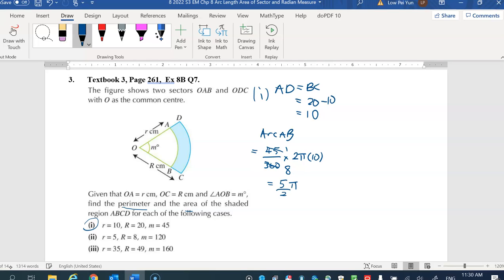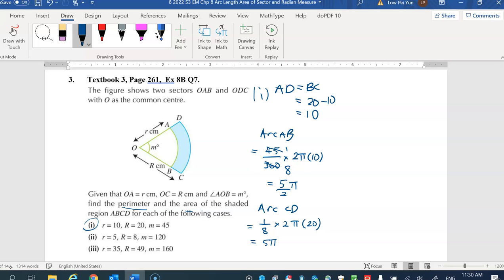Alright, then now let me go and find arc CD. Again, it is 45 out of 360, which is 1/8 times 2 pi, and in this case my radius is the bigger one, which is 20. So after cancelling, 40 over 8 is 5 pi.